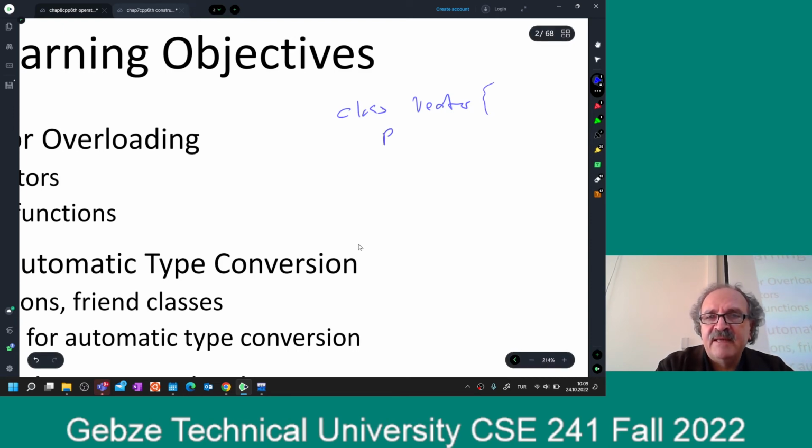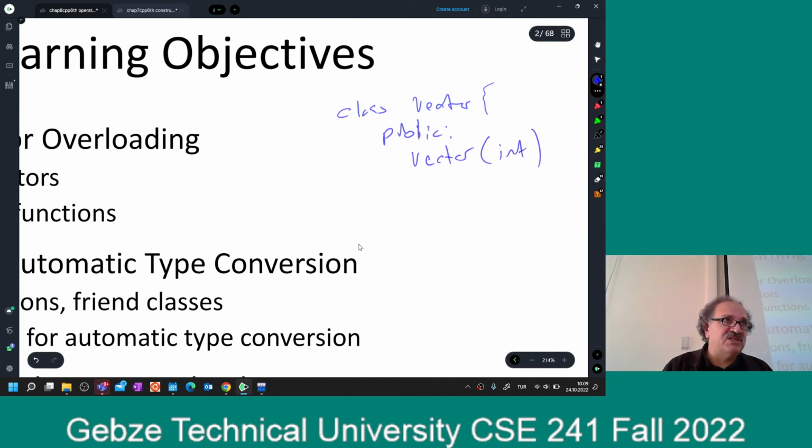In my public section, I have a constructor that takes an integer. What does this integer represent? It represents how many elements you want from me.